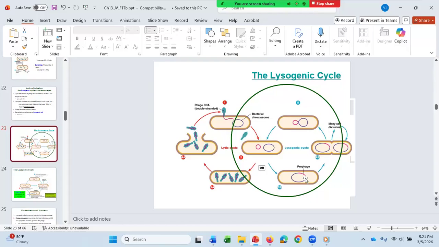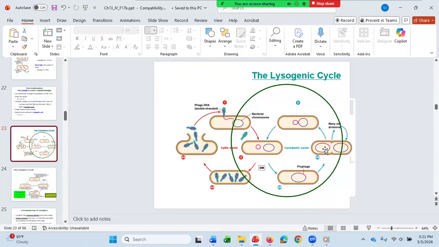While the virus is in the lysogenic life cycle, the only time the virus can replicate is when the host cell's DNA replicates, because when it replicates, it will replicate the prophage. And then this cell here will get separated into two daughter cells.